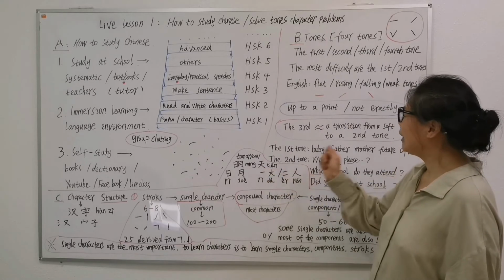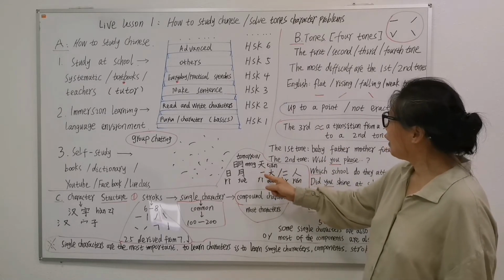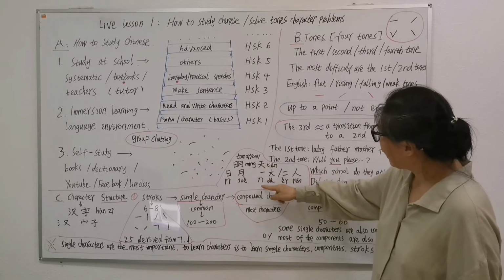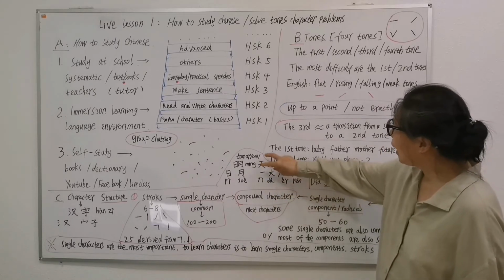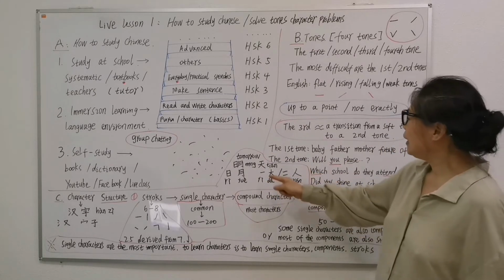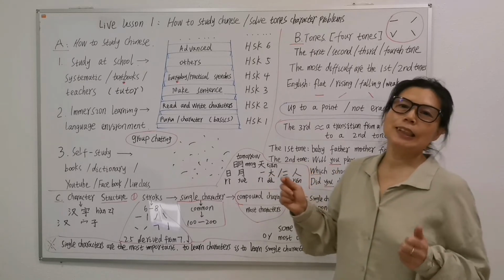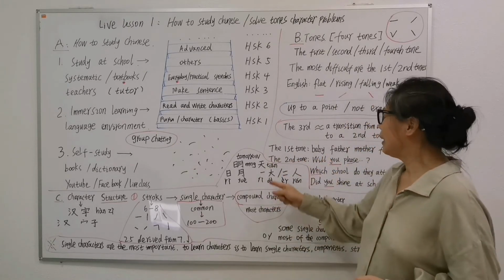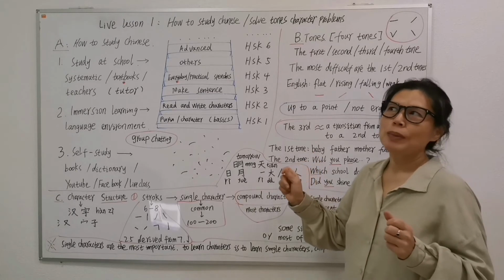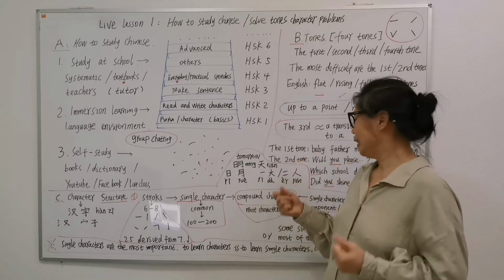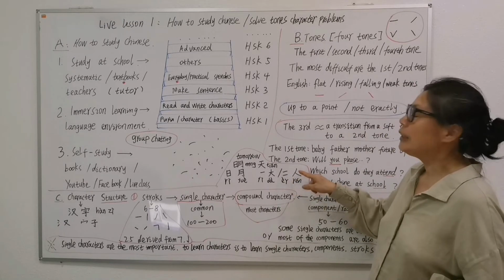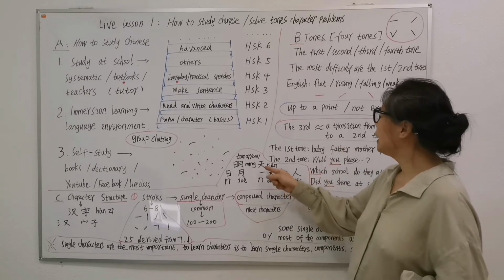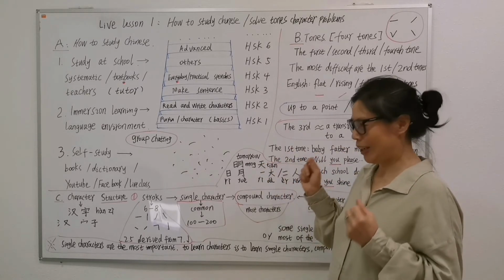And the 天, we can divide it into 一 and 大, or 二 and 人. Each is a single character. 天 is a compound character. And 一 also is a stroke. 二 and 人 each is a single character. Together they form 天, a compound character.